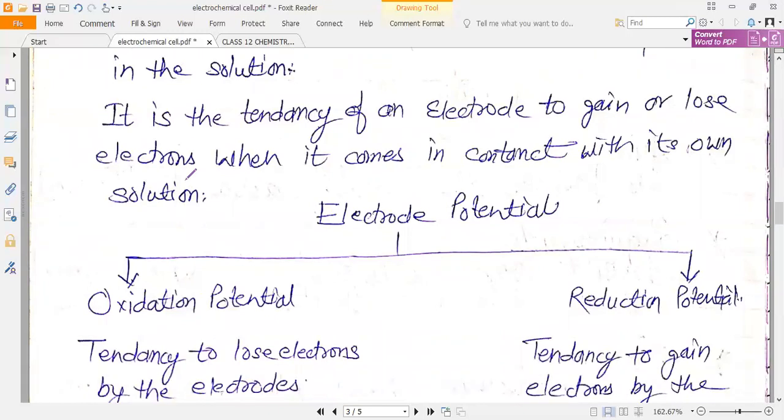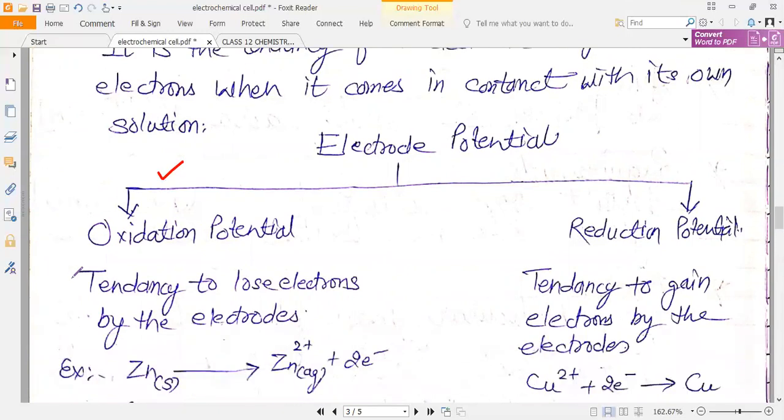If any electrode releases or loses electrons and oxidizes itself, that means the electrode has oxidation potential, meaning the tendency of the electrode to lose electrons. If the atoms of the electrode lose electrons and convert into ions, oxidation occurs, and the electrode has oxidation potential.